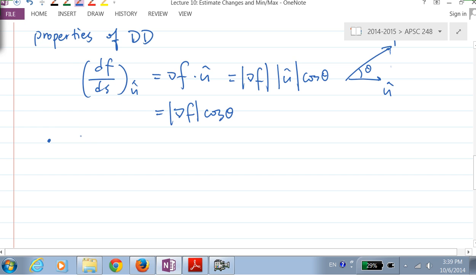So essentially, I would say when theta is 0, not just 0 actually, there should be another quantity, pi. So when theta is 0 or pi, we have this dd maximum.